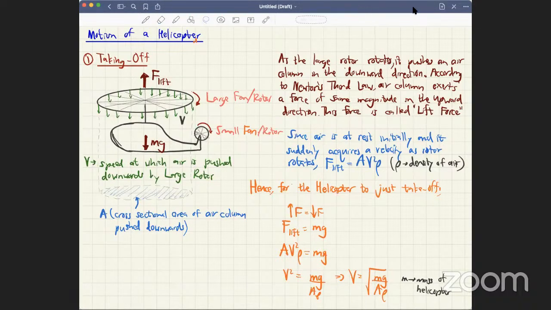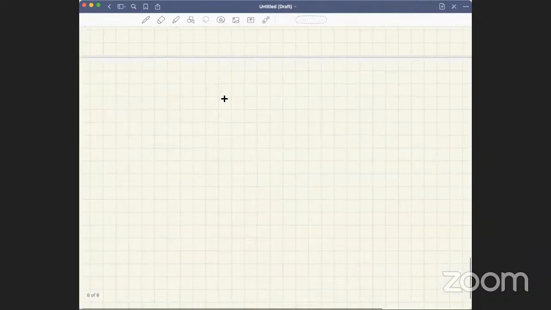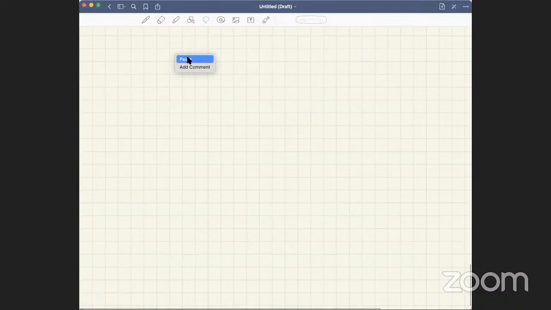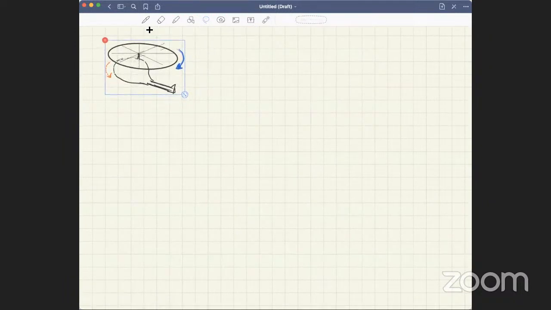I think we are digging a little too deep here, people, because I don't want to waste time on these small things. Right. Okay. I will say direction of rotation of large fan.